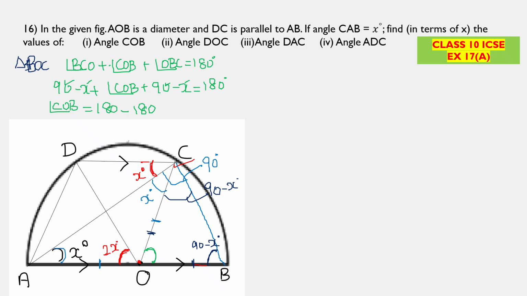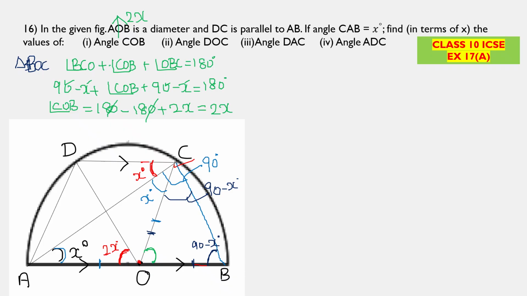Moving to the RHS, it becomes plus 2x. Plus 180 and minus 180 cancel. So we get COB as 2x. So our first answer is angle COB equals 2x.